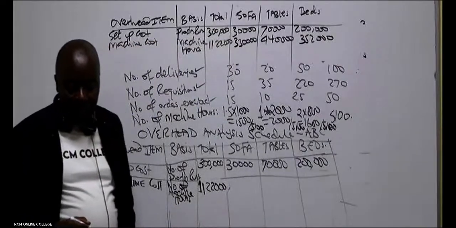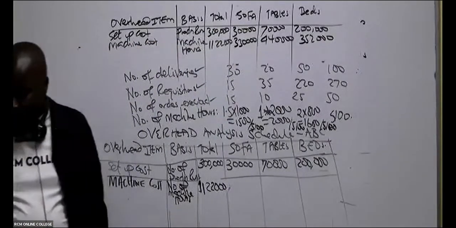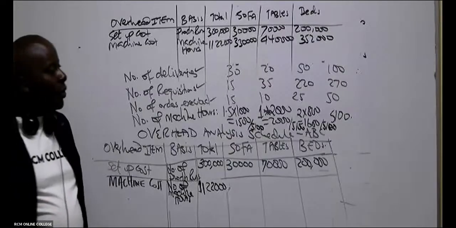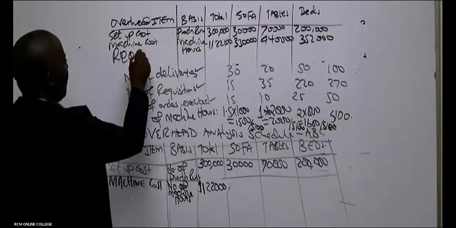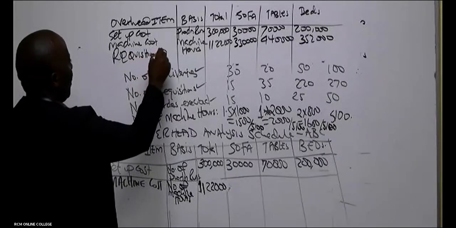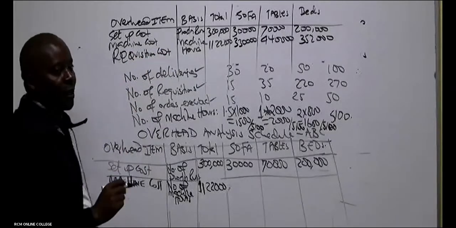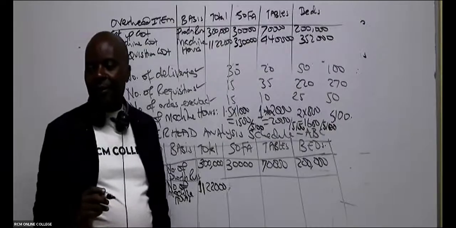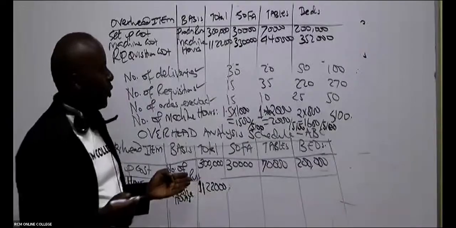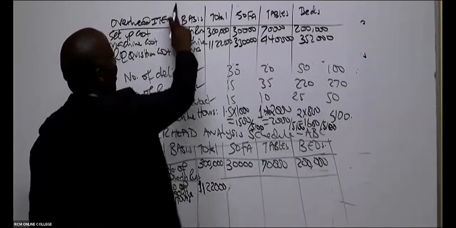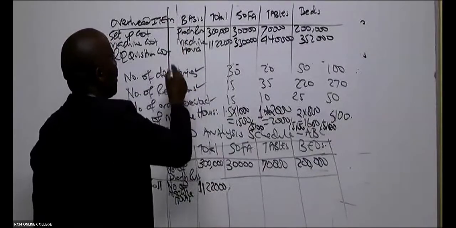We go to the third item. What is the name of the third item? Yes, requisition cost. So what is the basis? It is given, isn't it? Number of requisitions. So we have here number of requisitions.